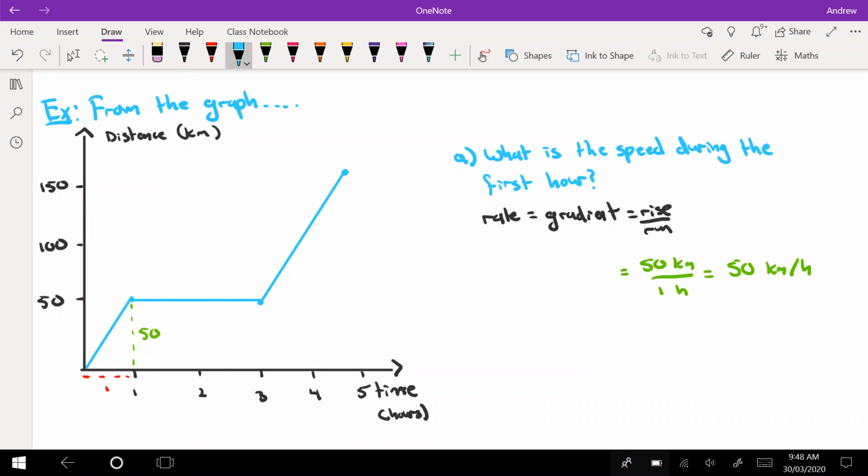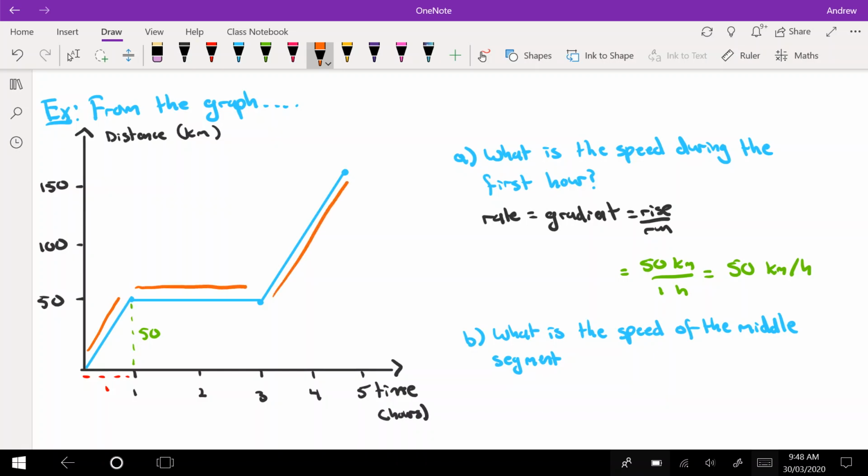Now I want to figure out what is the speed of the middle segment. So you see that this distance time graph is split into 3 sections. We have our first section here, we have our second section here, and our third one there.